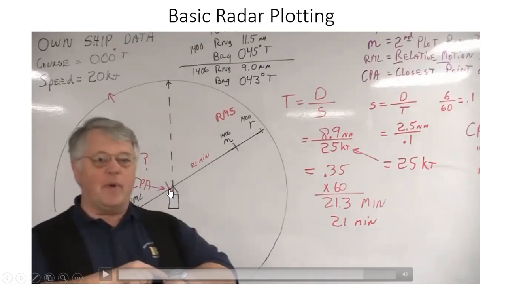It will give you the range, or distance. Range or distance, they are the same. That is the CPA, the closest point of approach. Meaning, your closest approach to the target vessel. So, that is the explanation of CPA.